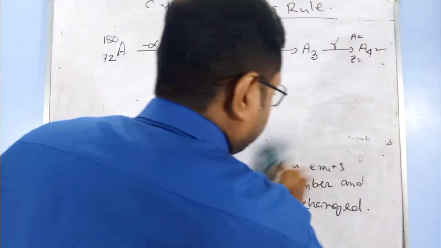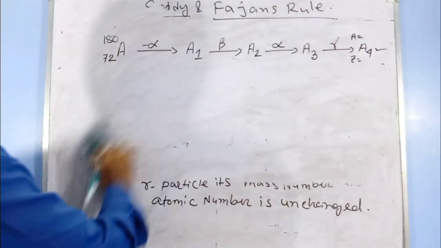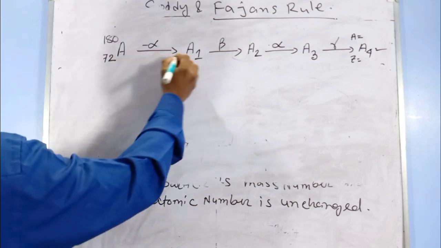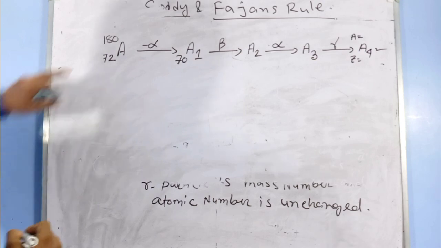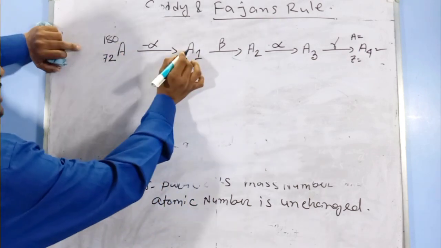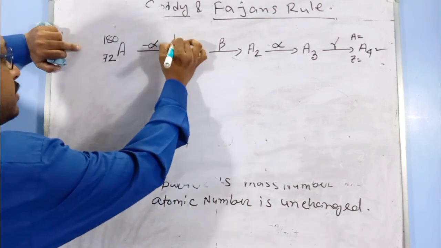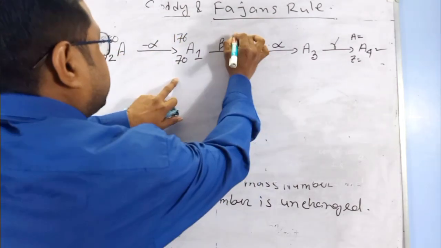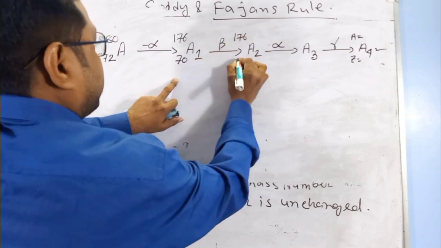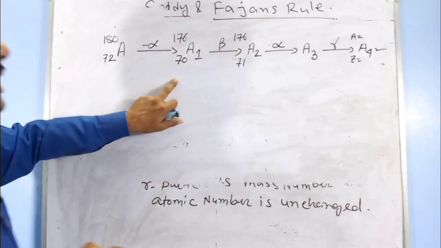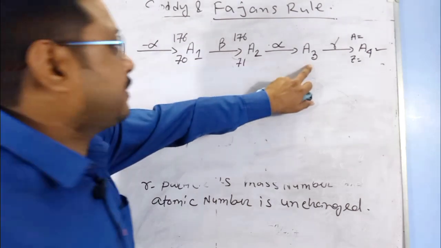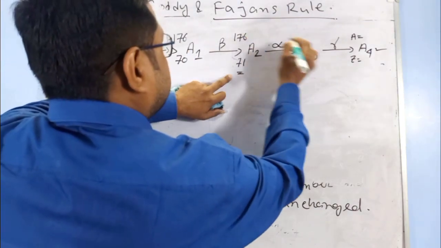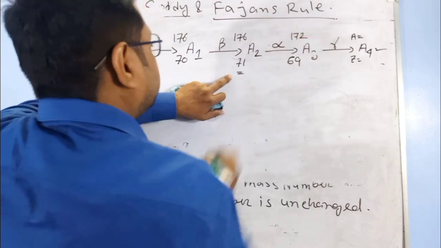So according to Soddy-Fajans' rule, if an alpha particle is emitted, then the atomic number is 72 minus 2, that is 70, and the mass number is decreased by 4, that is 180 minus 4, that is 176. Now for beta particle, mass number is unchanged and atomic number is increased by 1, that is 71. Then again alpha particle is emitted, then atomic number is decreased by 2, that is 69, and mass number is decreased by 4, that is 172.